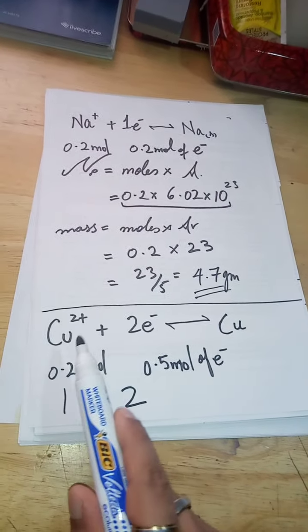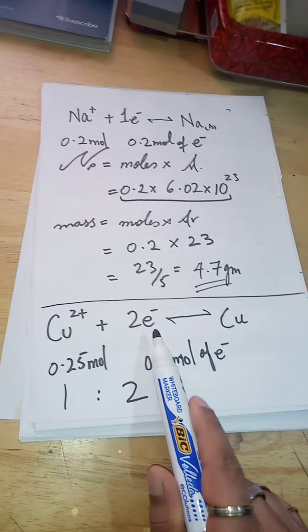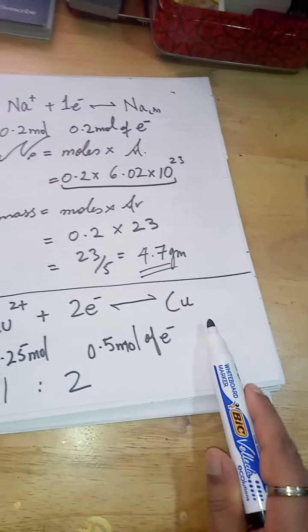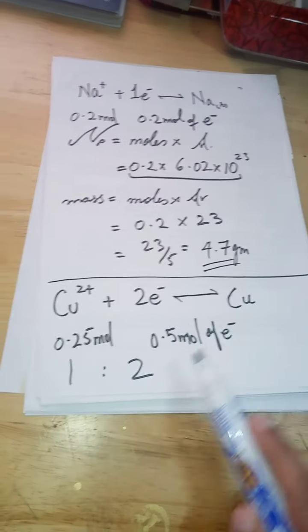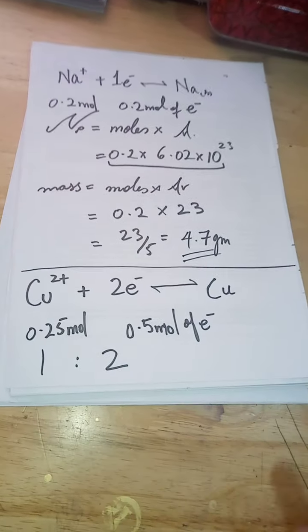So for every 1 ion of copper, 2 moles of electrons are required to facilitate it reaching its atomic state. So it'll be 1:2.